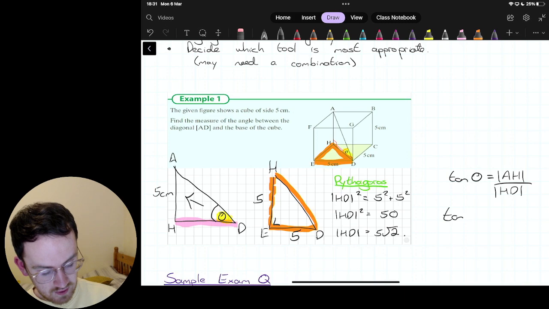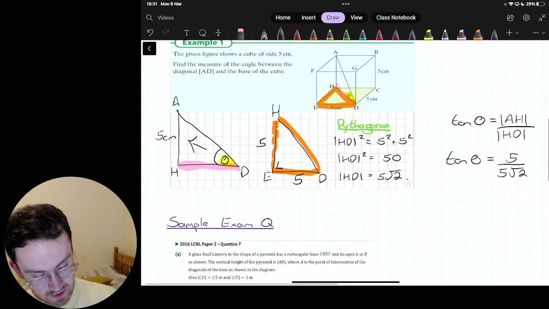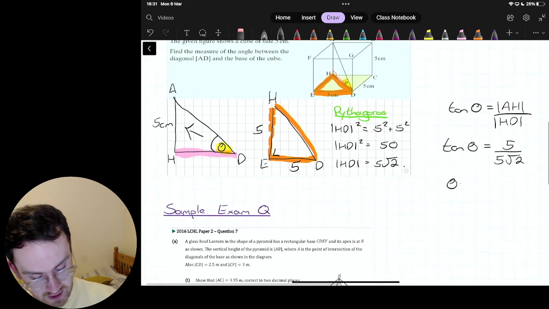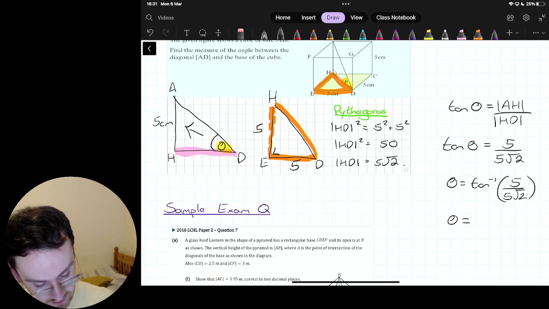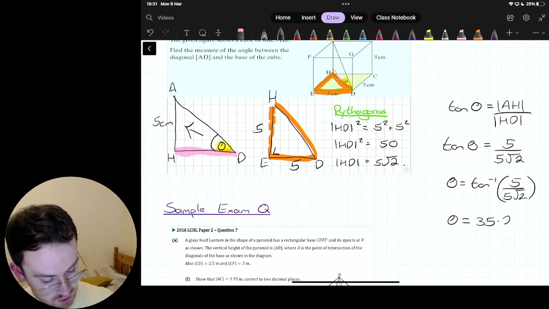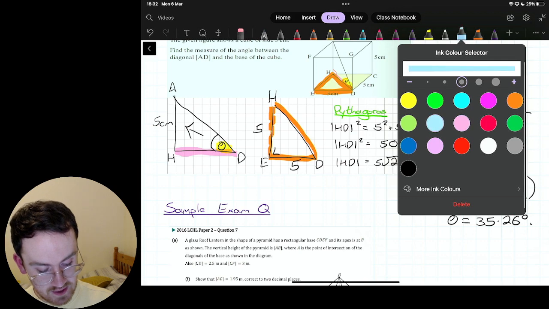So tan theta is 5 over 5 root 2, which makes theta equal to the tan inverse of that. If I take the tan inverse of 5 over 5 root 2, I get 35.26 degrees as my answer. So that's my overall answer.